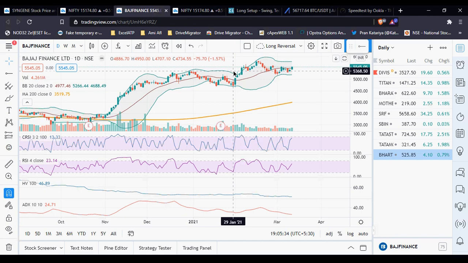Wait, let me give you a brief idea about the setup again. We need a candle which is breaking or piercing the lowest Bollinger Band on a daily time frame. On that candle, you need to have your CRSI below 15 or RSI below 20. For the green candle, it can be anywhere, no issue. The next candle should be green, that's it.